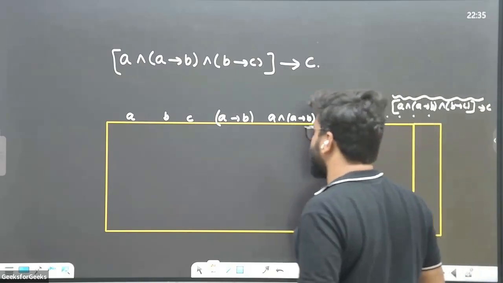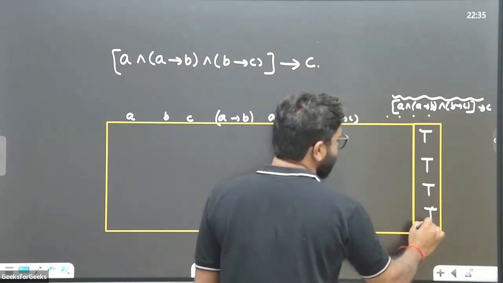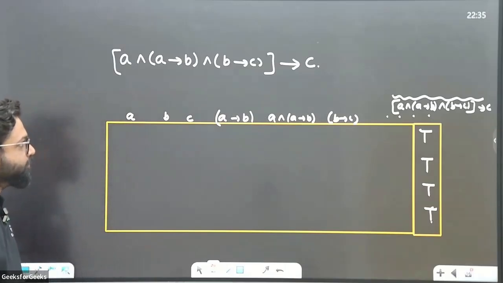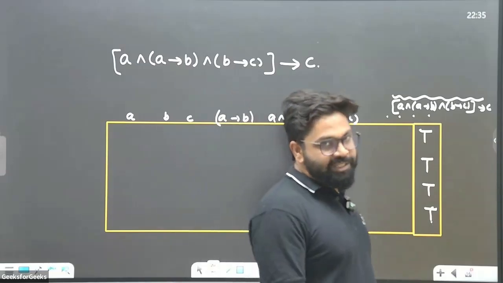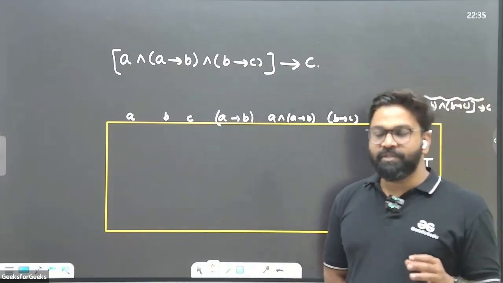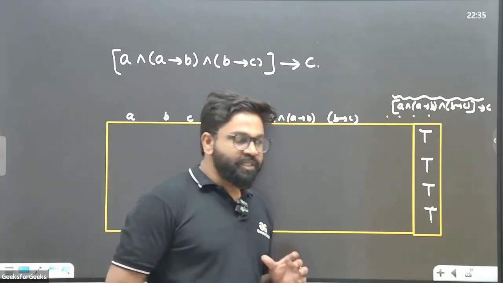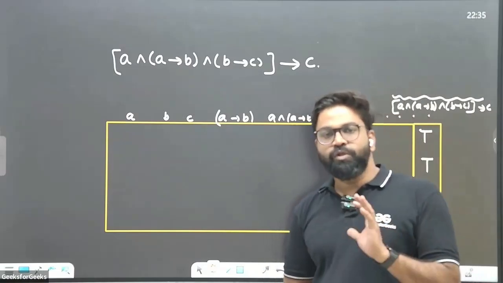I'm asking whether this one is a tautology or not. If the whole expression comes out true, then we can say it is a tautology. Okay, I'll teach you the shortcut for this. Many questions of this type have been seen in the GATE examination, and I will teach you the shortcut.